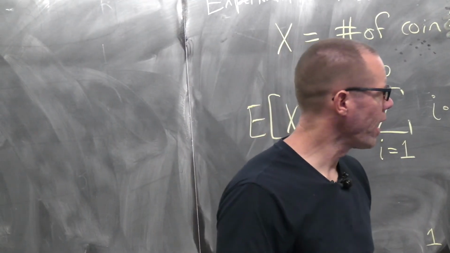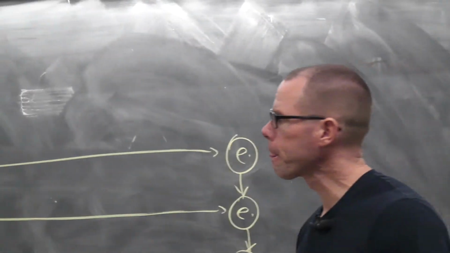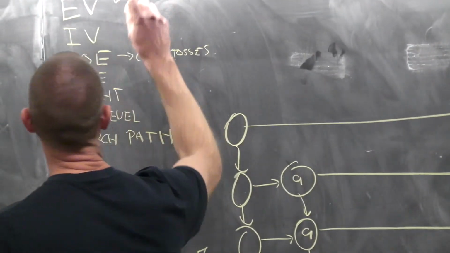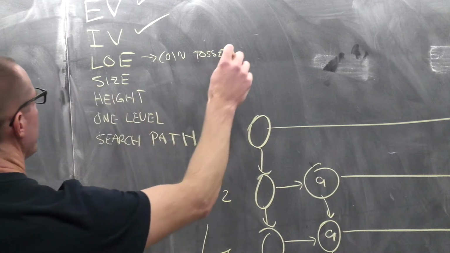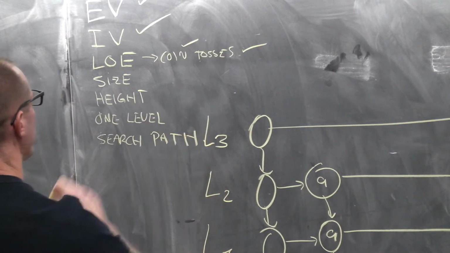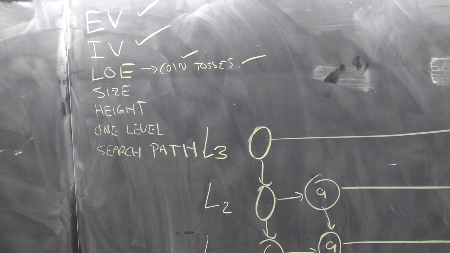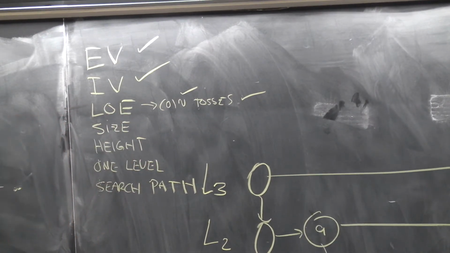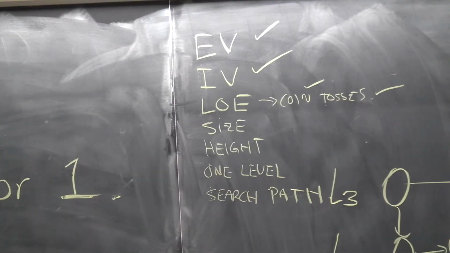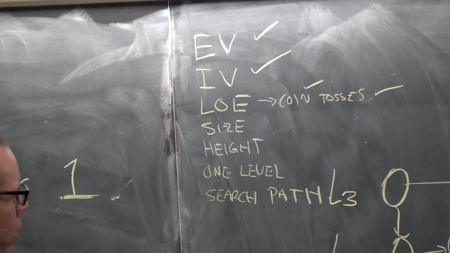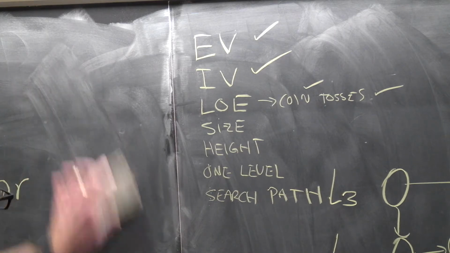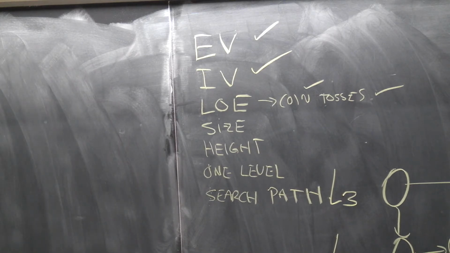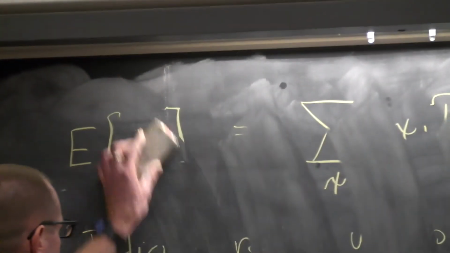And we'll have to analyze a few things like this. All right, so expected value, indicator variables, linearity of expectation. We studied coin tosses. So something that we argued roughly about last class in a sort of imprecise way, which now we can make completely precise. We can say, let's look at the sizes of these lists.